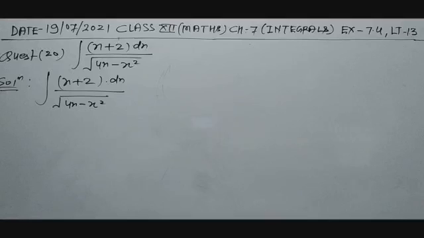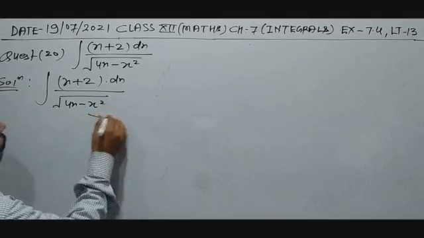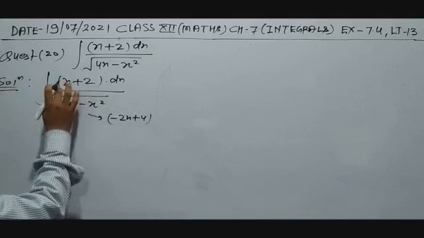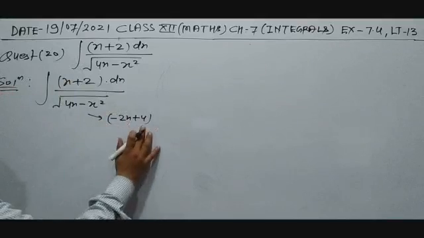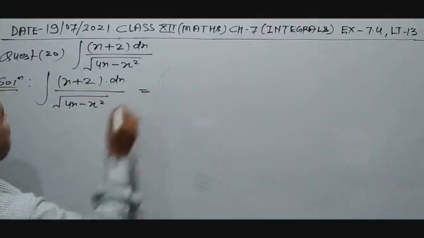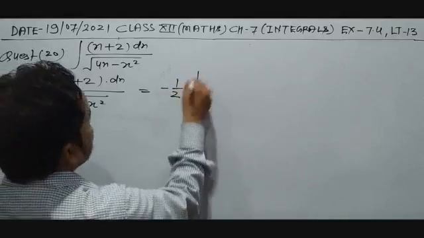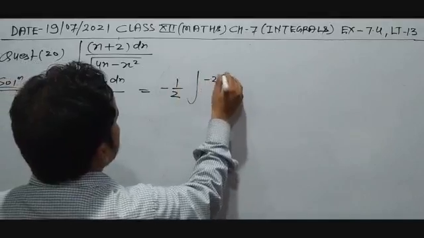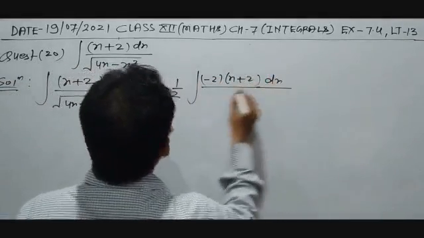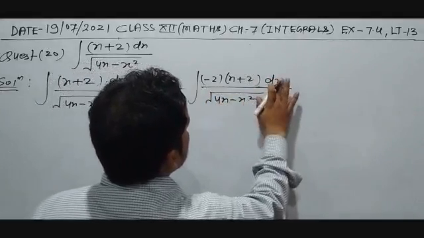Now we have to convert x plus 2 into the minus 2x plus 4 term. So this integral we write as minus 1 by 2 integration of (minus 2x plus 2) dx upon root over 4x minus x square.